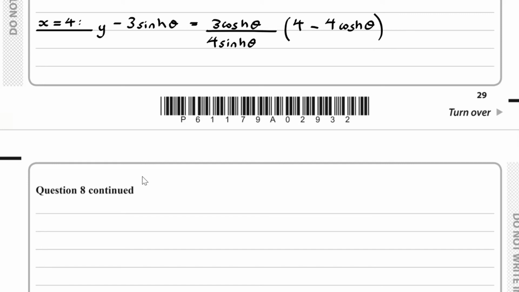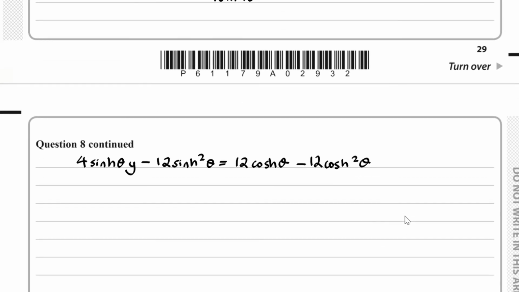So if I multiply through by 4 sine theta, we end up with, on the left hand side, 4 sine theta y minus 12 sine theta squared, and this is equal to, well, if I multiply 3 times 4 I get 12, so we end up with 12 cos theta, and then we have minus 12 cos squared theta.